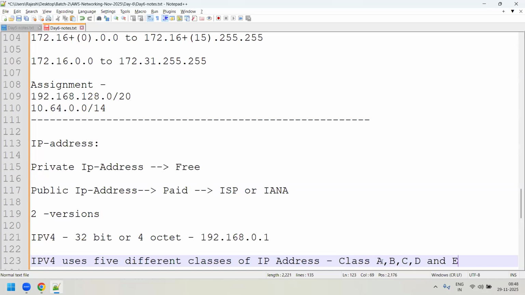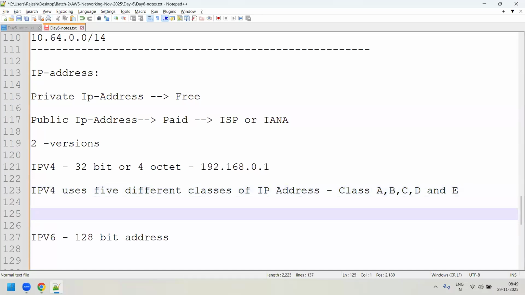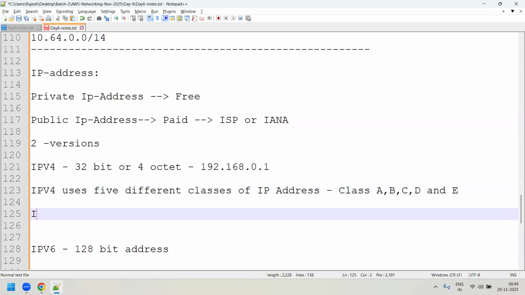Now, how do you recognize whether your IP address falls under class A, B, C, D or E? With the first octet only, you will be able to understand which class it comes under.